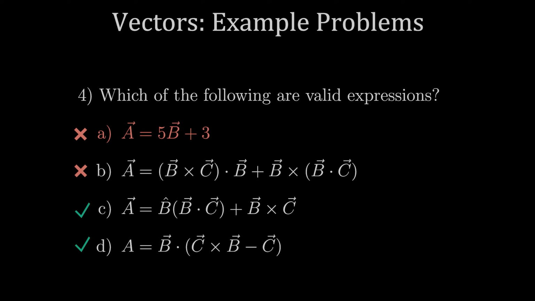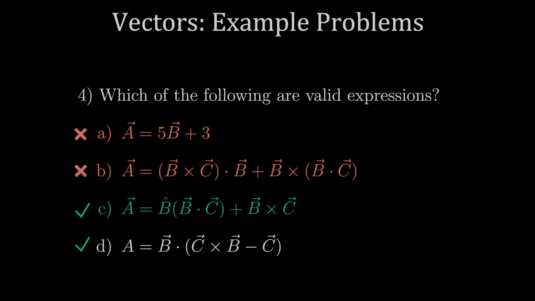Letter B is not valid because if you look closely at the last part of the expression, we have in parentheses a dot product between vector b and c, which itself is valid, but that scalar result is then going to be in a cross product with vector b, and we can't cross a vector with a scalar like that. Letter C is completely valid.